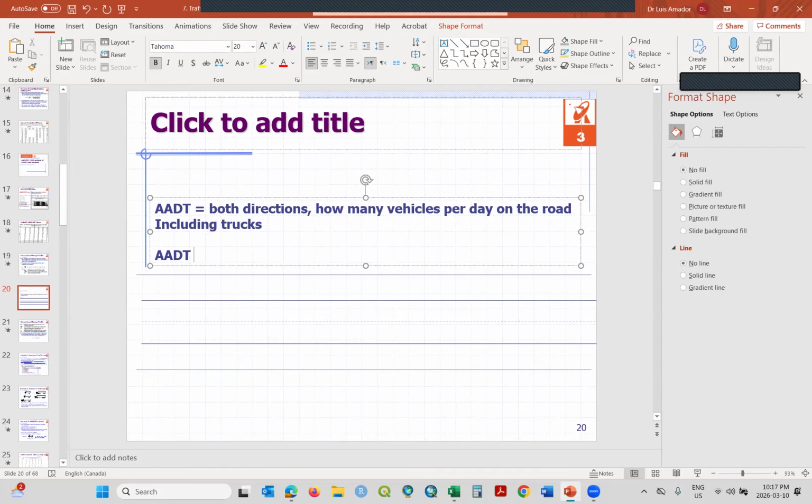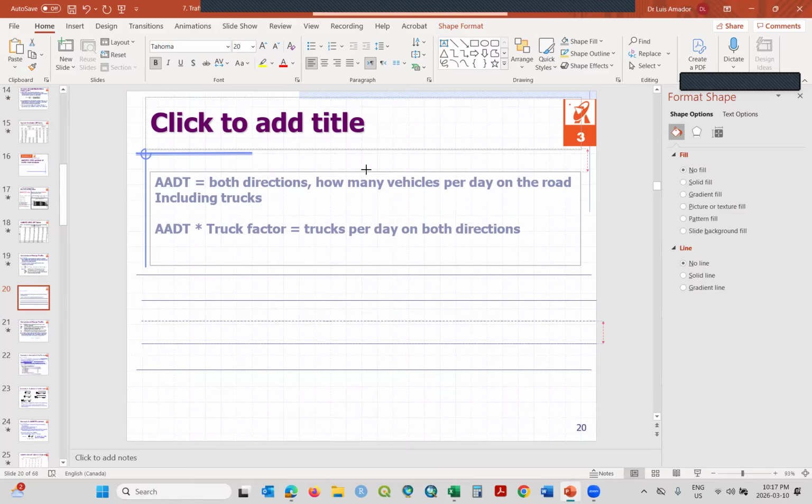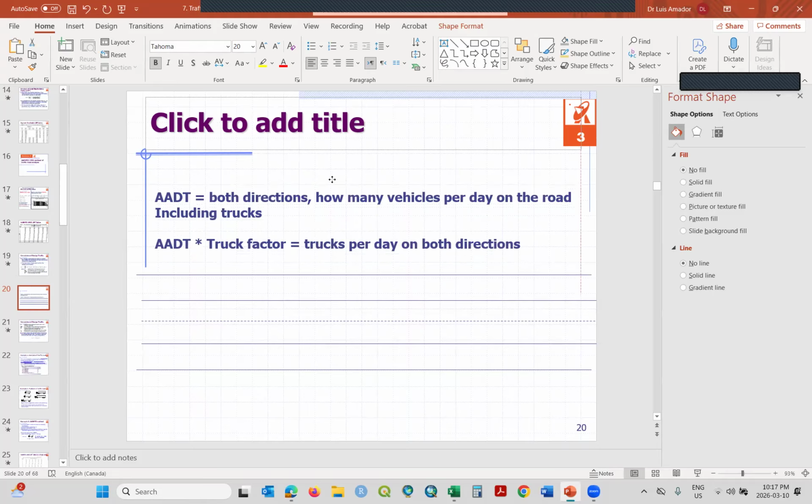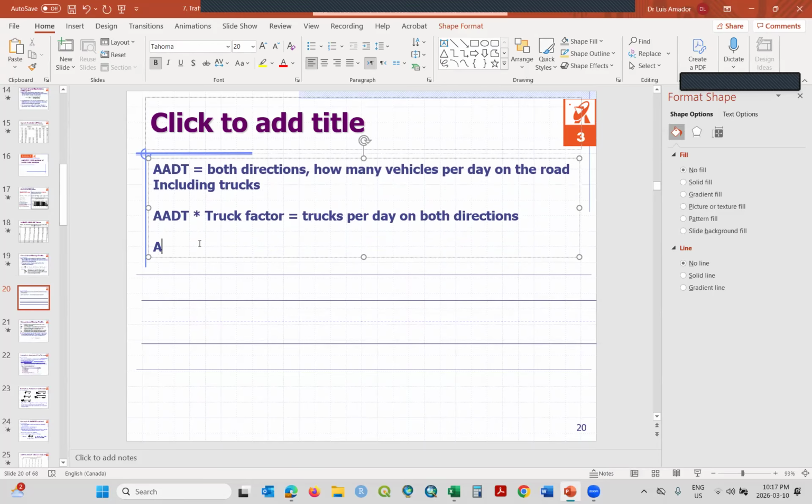If you multiply the ADT by the truck factor, then you only have the trucks per day on both directions. Correct? Now, if you multiply the AADT by the truck factor by the directional split, then you will have the trucks per day per direction. Correct?